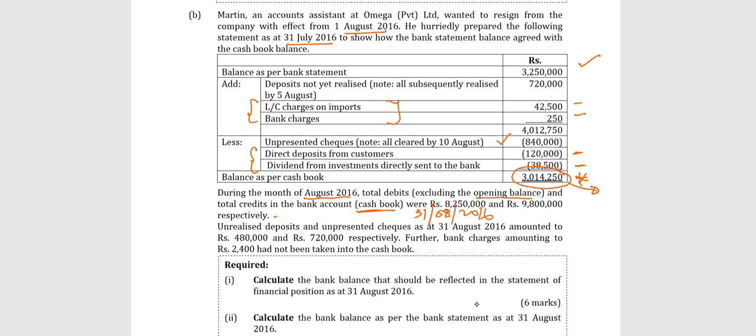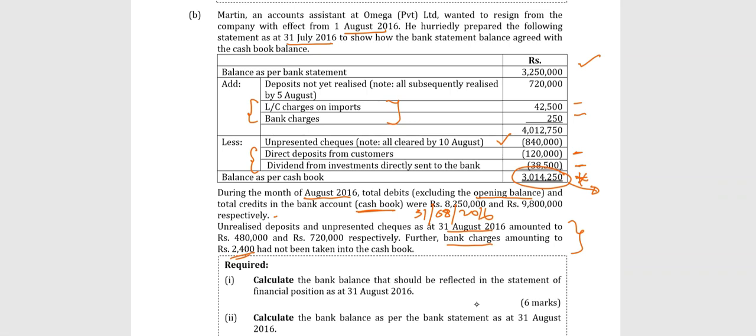Then unrealized deposits and unpresented checks as at 31st August 2016 amounted to rupees 480,000 and 720,000 respectively. Further bank charges amounting to 2,400 had not been taken into the cash book. So this is during August. There were bank charges that were not considered in the cash book.